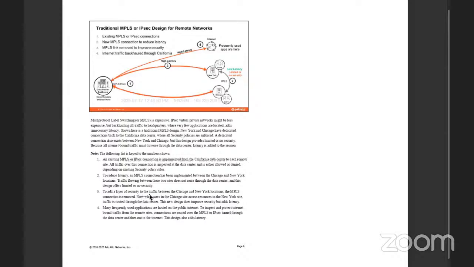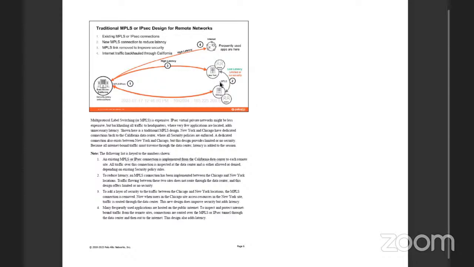Now, to add a layer of security between Chicago and New York, the MPLS connection is removed. So let's take an example. Now there is no MPLS connection between New York and Chicago.